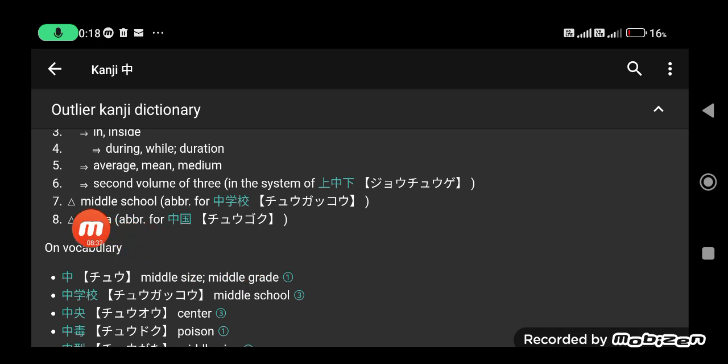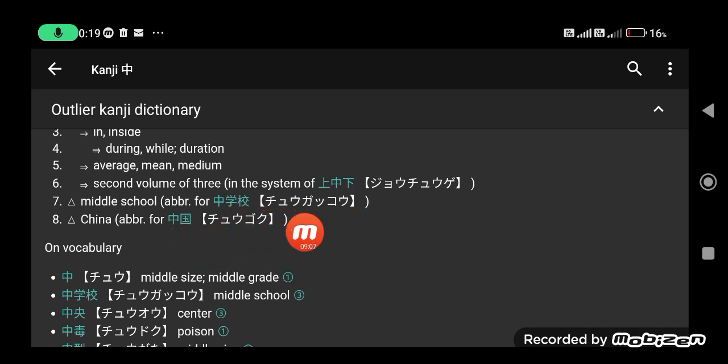And we have a regular meaning here, usually in middle school, as in chugako, because in Japan we have 2 stages of secondary school, the chugako and koko. The chugako is usually when the student has finished 6th grade and is around 13 to 14 years of age, the first of the 2 stages.